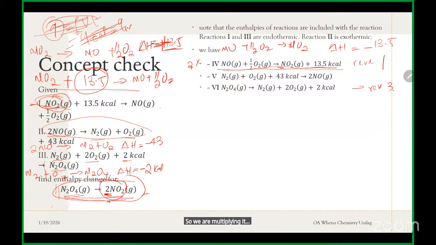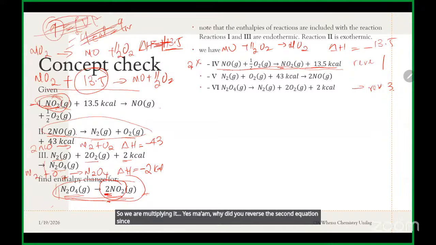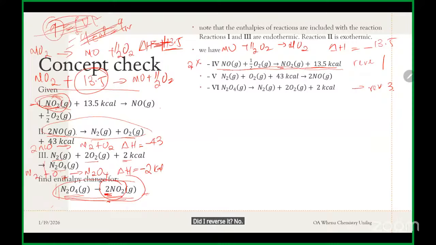Please, Ma, why did you reverse the second equation since we are not using it? Did I reverse it? No, I did not say we are not using it. I said, let's hold on for now. I'll get back to it soon. So let's multiply this one by 2.